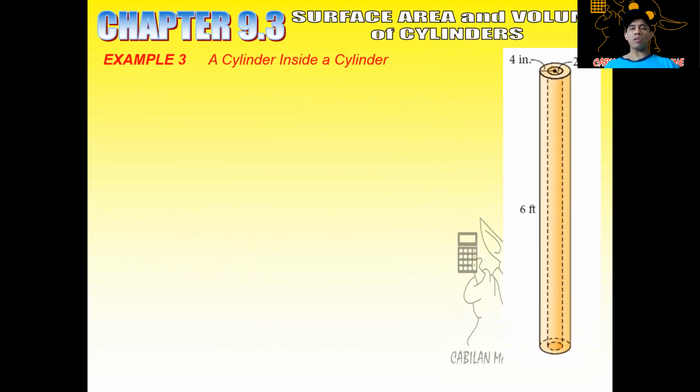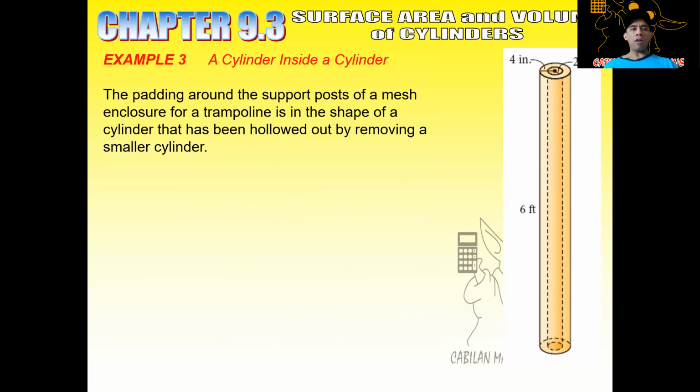What we're going to do here is look at a cylinder inside a cylinder. What this question involves is seeing what steps we need to take to find the volume of an object once it's hollowed out. The pattern around the support post of a mesh enclosure of a trampoline is in the shape of a cylinder that has been hollowed out by removing a smaller cylinder.